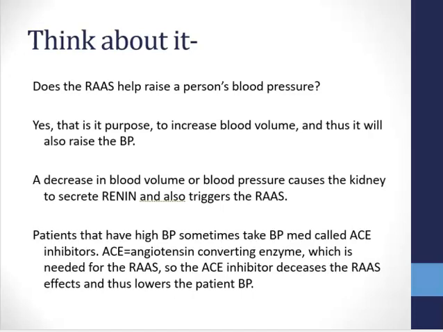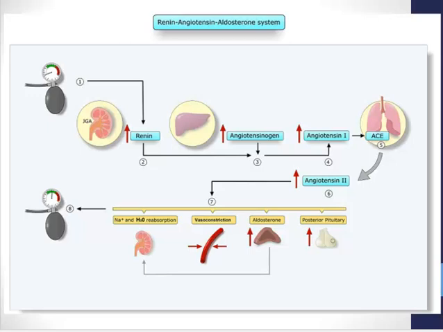A decrease in blood volume or blood pressure causes the kidneys to secrete renin and also triggers the RAS system. Patients that have high blood pressure sometimes take blood pressure medicine called ACE inhibitors, which helps lower the patient's blood pressure. Here is just a diagram of the RAS system to help remind you.